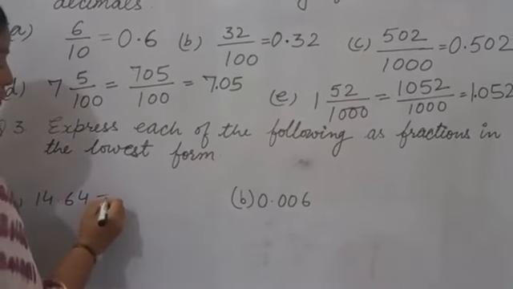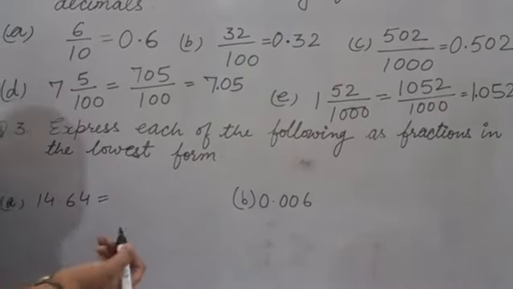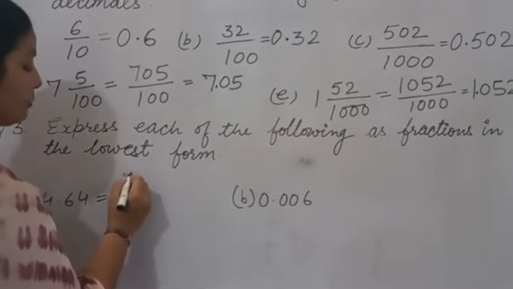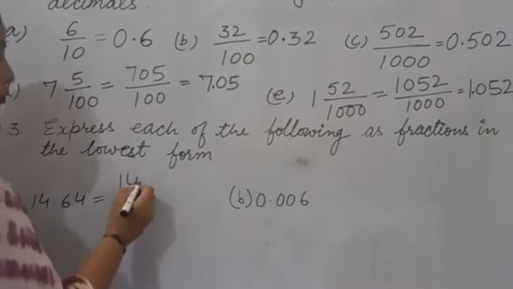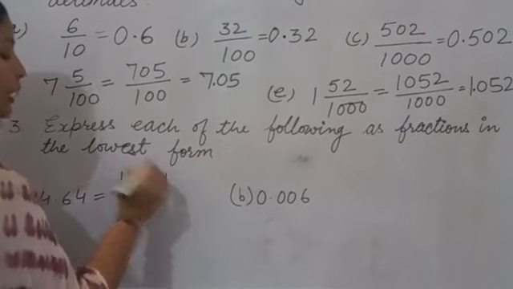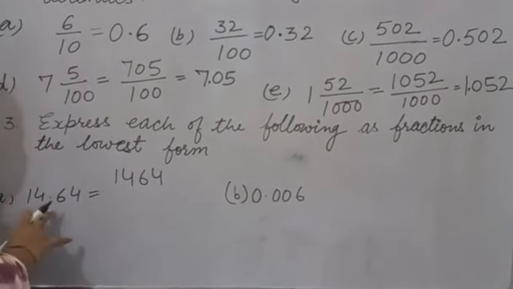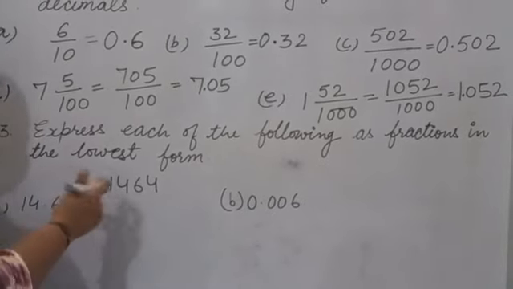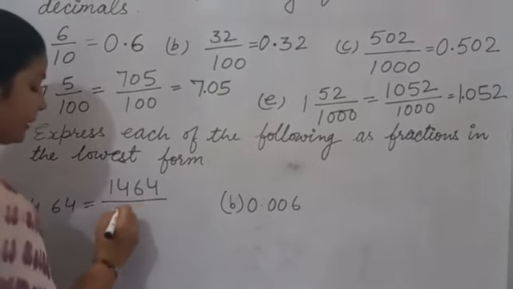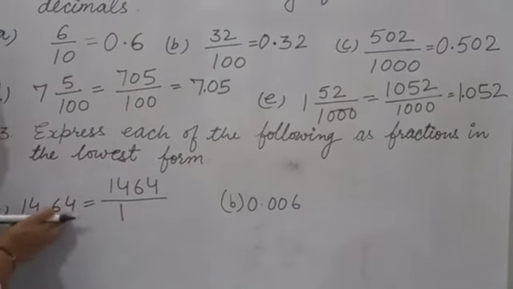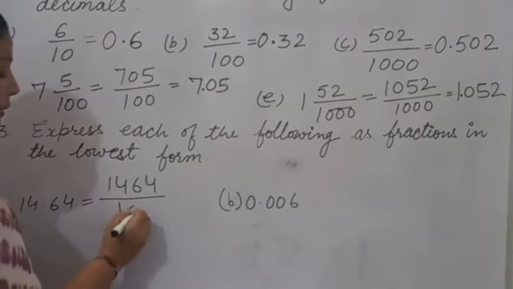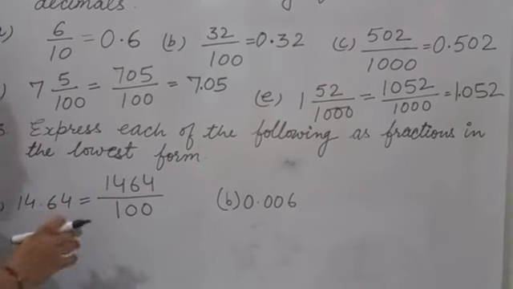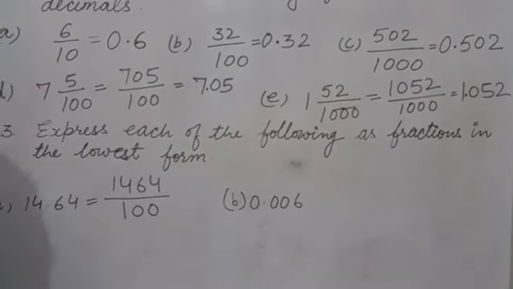Now the A part, 14.64. Firstly we change it into fraction form. The number as it is we write in the numerator, and remove the decimal. When we write in fraction form we remove the decimal. We write 1464. Now in the denominator we take 1 at the place of decimal. There are 2 decimal places, so we take 2 zeros, meaning 100.